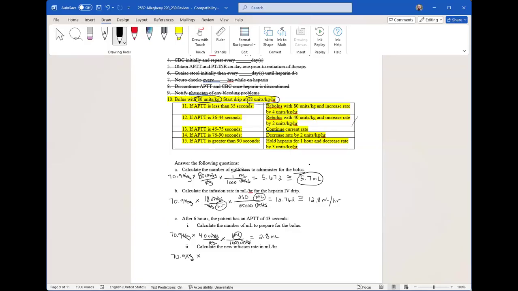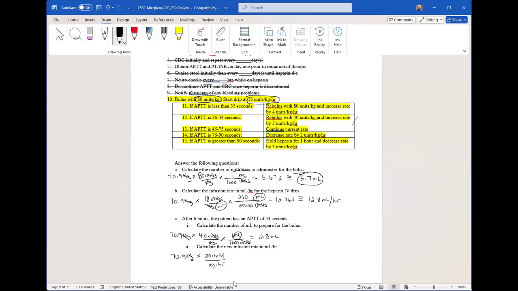So if the original was 18 and I'm increasing it by 2, my new infusion rate is going to be 20 units. If it told you to increase by 4, then it would go from 18 to 22. If you were already at 22 and it told you to decrease by 2, then you'd go back down to 20.